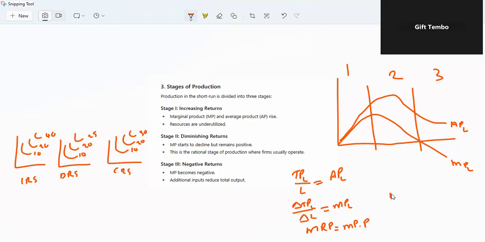So whenever we want to be economical, we should ensure that the marginal product of labor is greater than or equal to the wages. This is the consideration we must always have when we are dealing with production. We must ensure that the marginal product of labor is greater than the cost.